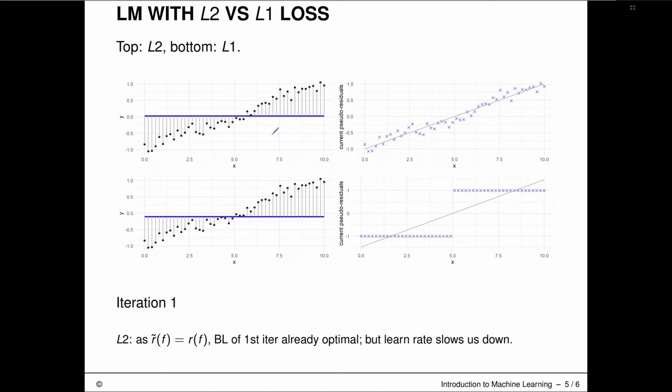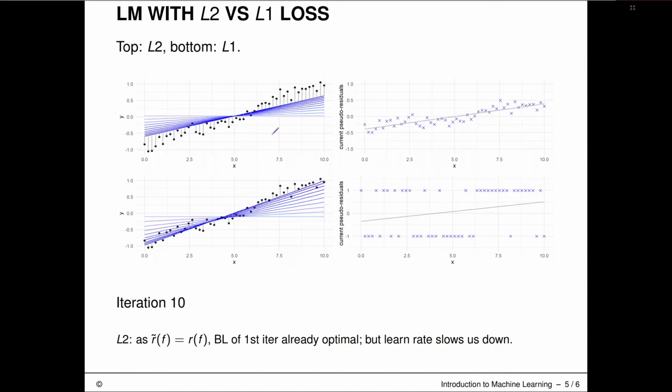If we still stick to our boosting algorithm and pattern, this optimal model would still be added in only with a dampening factor due to the learning rate, and that slows down learning a bit. But in general, we are done in the first iteration, right? And as a comparison point, I've also shown here what happens with L1.